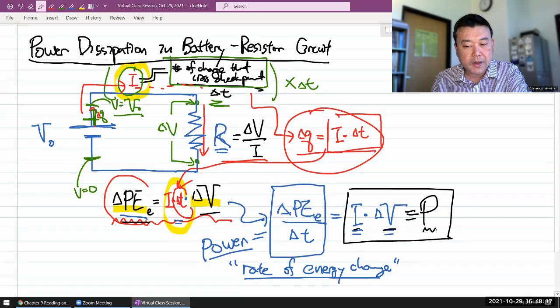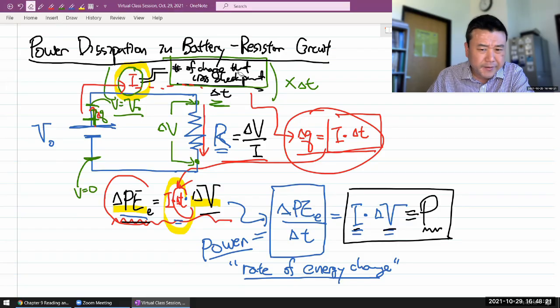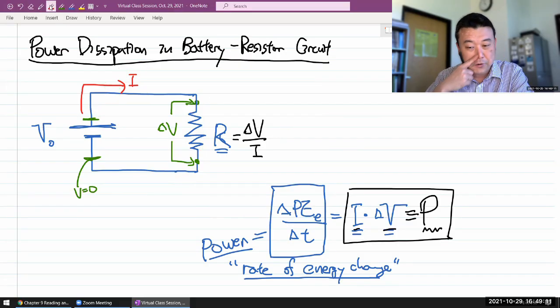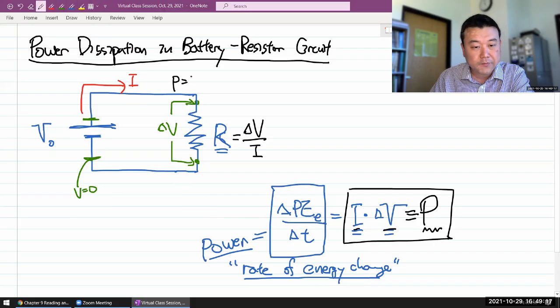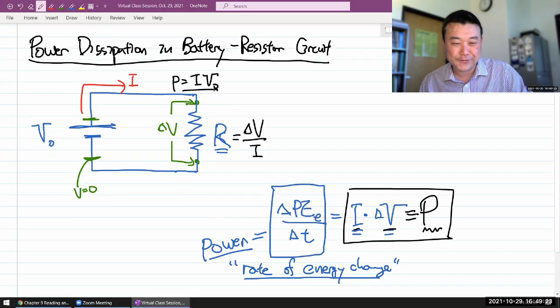How would the amount of power dissipated in this circuit, let me clean this up a little. So the question you could ask is, okay, so you have some circuit that's expending some amount of power given by current times the voltage of the battery.